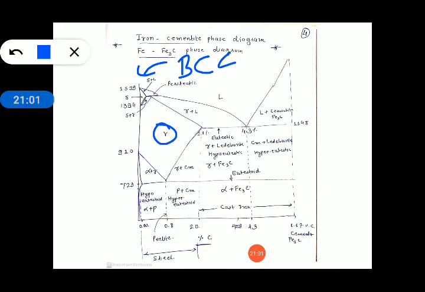At higher temperature the BCC structure is there, and as the temperature goes down, at 1394 degrees centigrade, the BCC structure will convert into FCC.